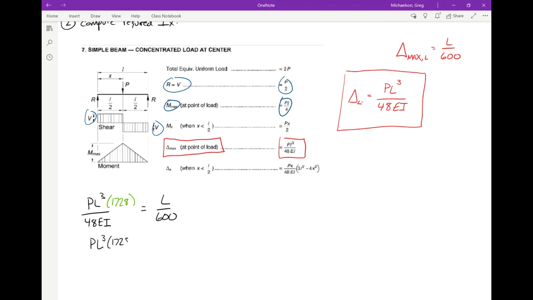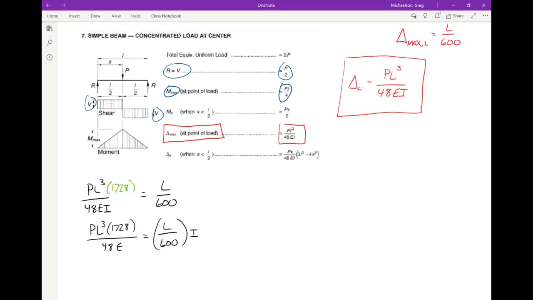PL cubed times 1728 over 48E is L over 600 times I. I'm multiplying both sides by I, so it's on the left. Then we flip and multiply that fraction over here. So PL cubed times 1728 times 600 over 48EL is I.